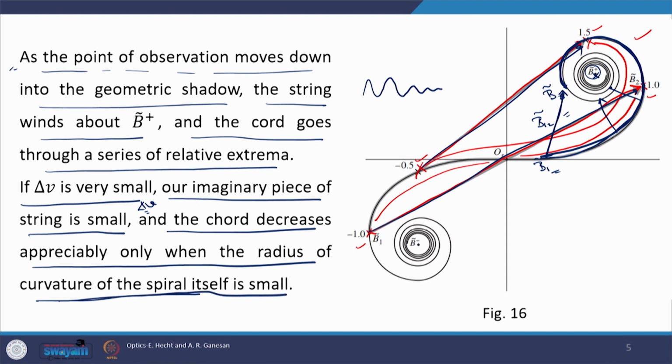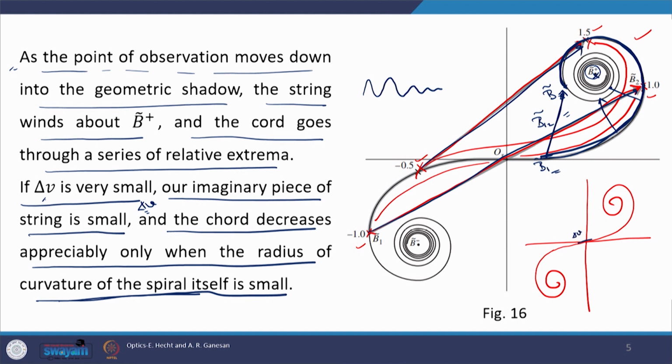Okay. Now, if delta V is very small, in this same picture, suppose this is the Cornu spiral, and let us represent the chord with blue color. Now, this is our delta V. Okay.